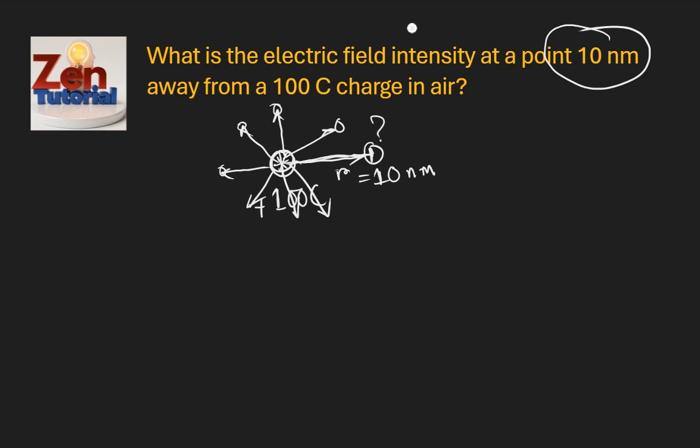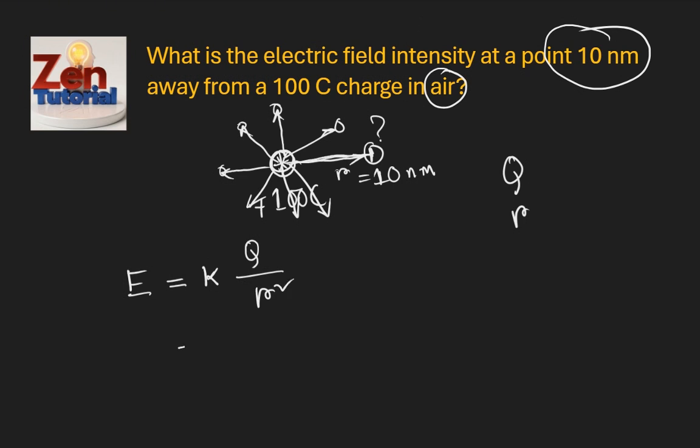So we have got Q, we have got R, and the equation for electric field intensity is E equals K, the constant which refers to the medium, which is air, Q over R square.